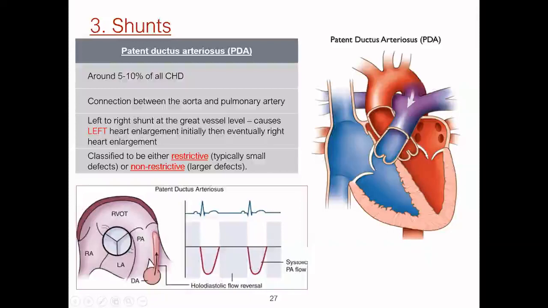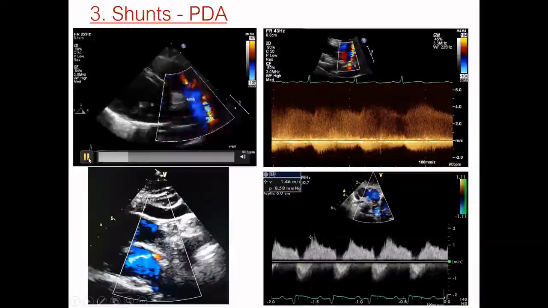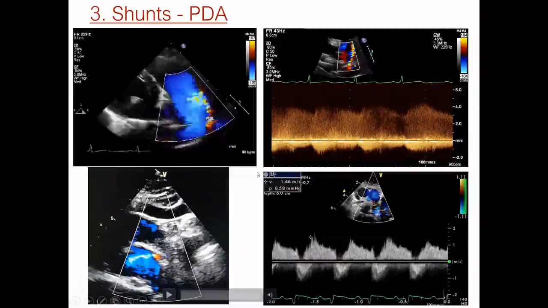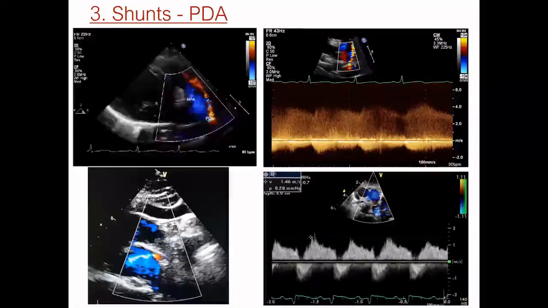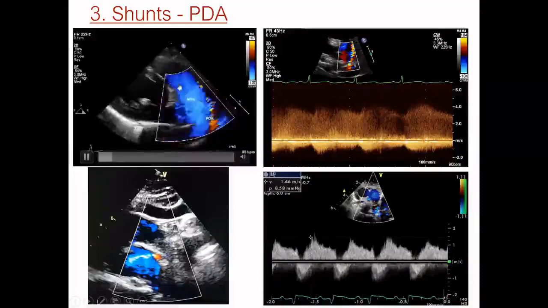So you can see here is the aorta, so the oxygenated blood, and then there's a connection from the aorta to the pulmonary arteries. So what does it look like? So you can see here, this is a parasternal RV outflow long axis view of the pulmonary artery.